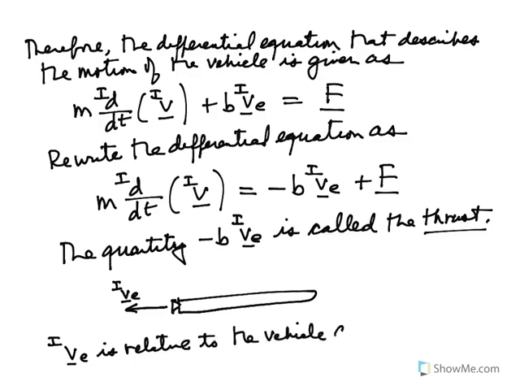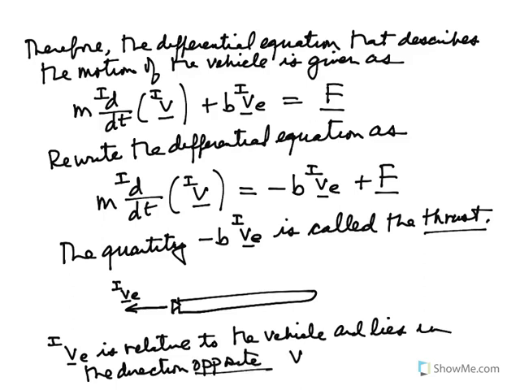VEI is relative to the vehicle and lies in the direction opposite VI. It means that if VI is in this direction, and I'm calling this direction positive, VE is actually in the negative direction.